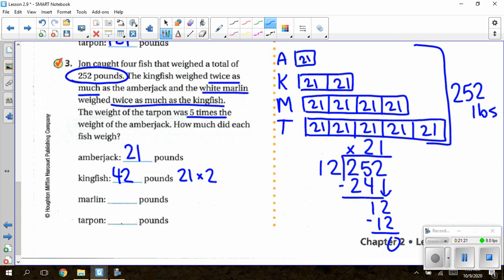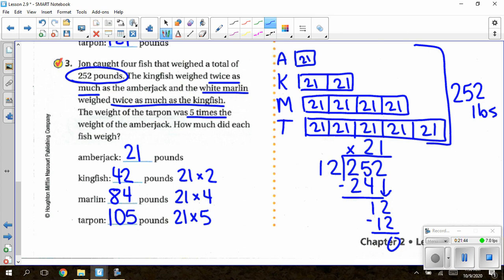Now the marlin had 4 boxes, so I'm taking 21 times 4, and when I multiply that out, that would give me 84. And finally, the tarpon had 5 boxes, so 21 times 5, that would equal 105 pounds.